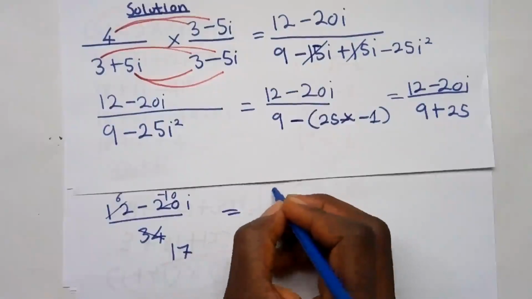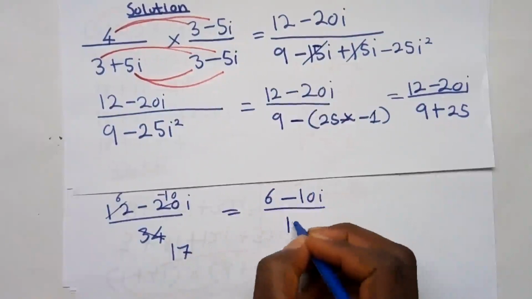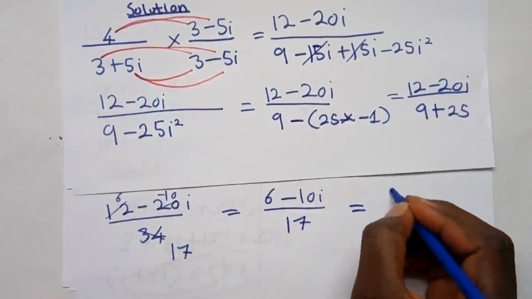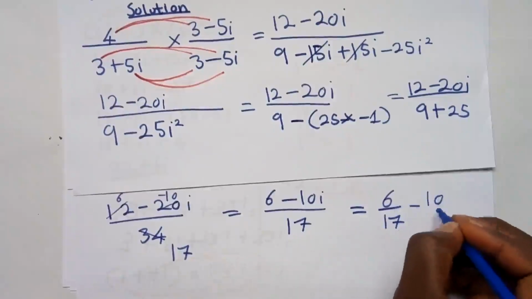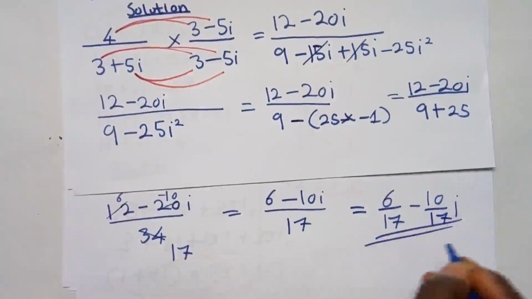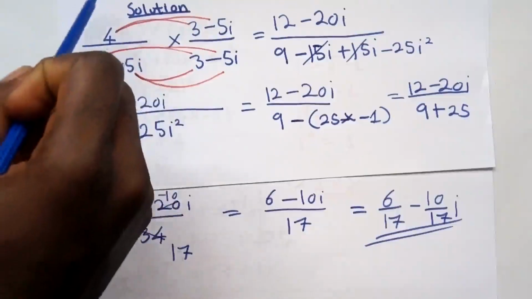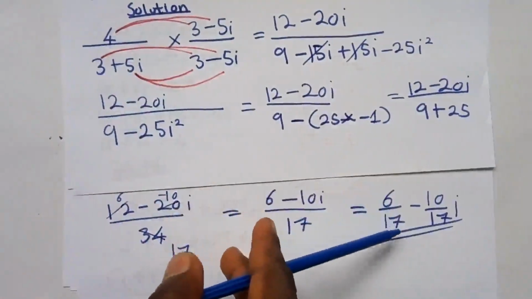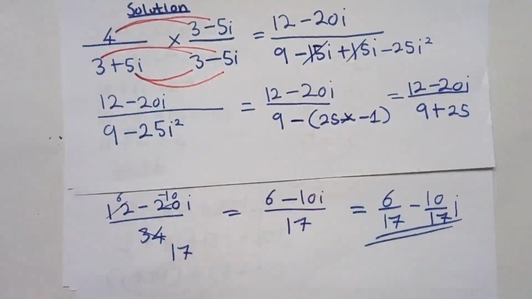So this becomes 6 minus 10i all over 17. Therefore, we have 6 over 17 minus 10 over 17i. So when you divide 4 over 3 plus 5i, you have the answer 6 over 17 minus 10 over 17i. Let's take another example.